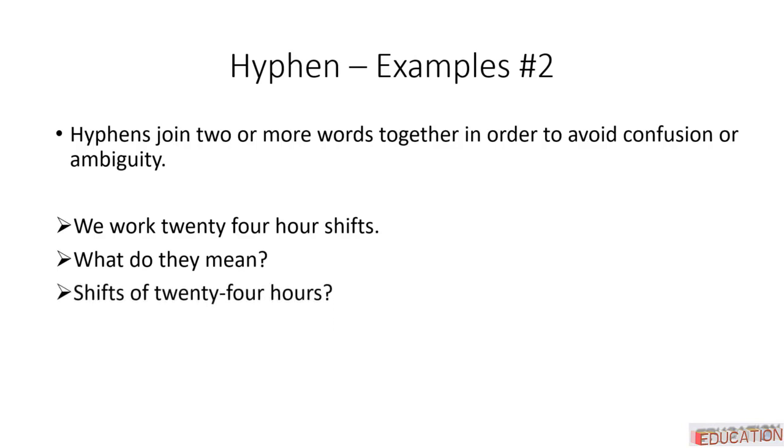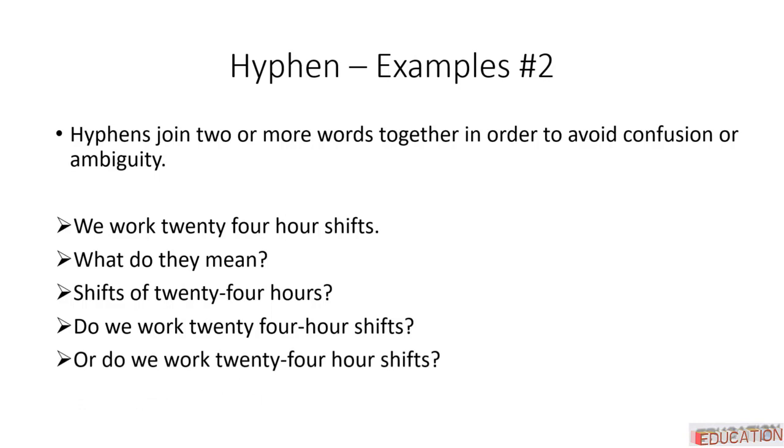Do they mean shifts of 24 hours? Do we work 24-hour shifts? Or do we work 24 one-hour shifts? It's really not clear, and we need hyphens here to clear up this uncertainty.